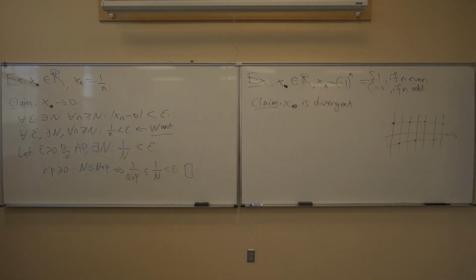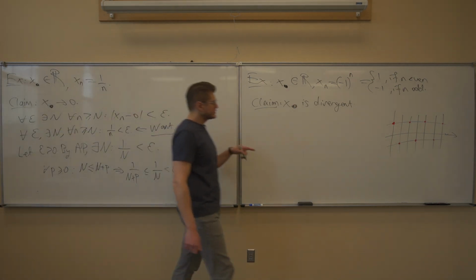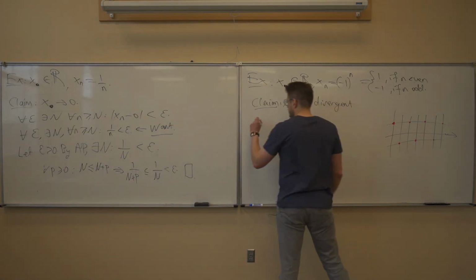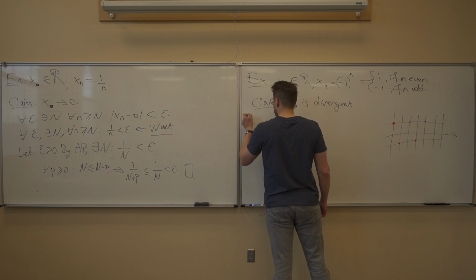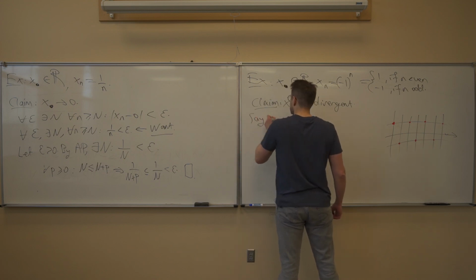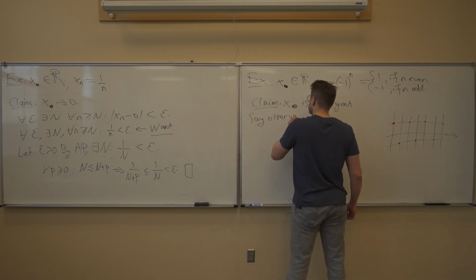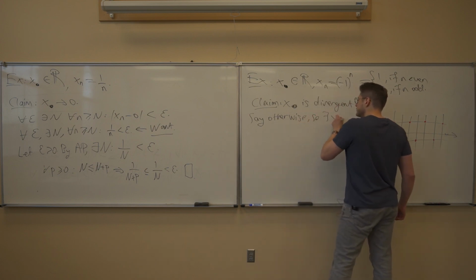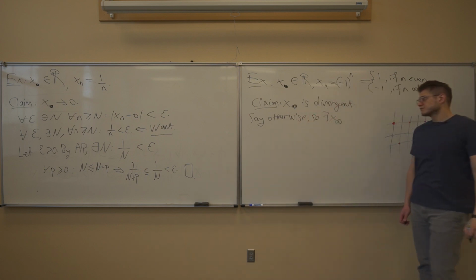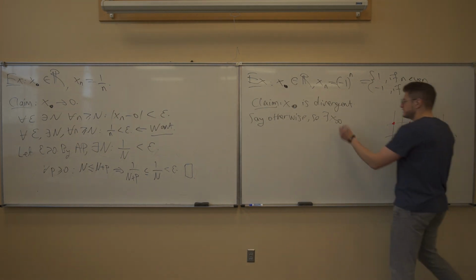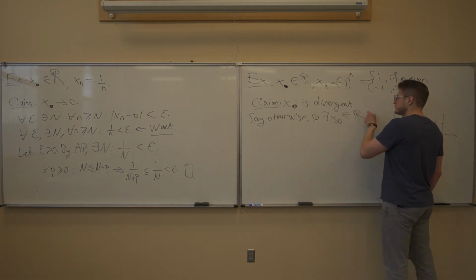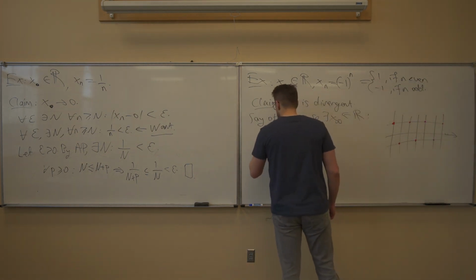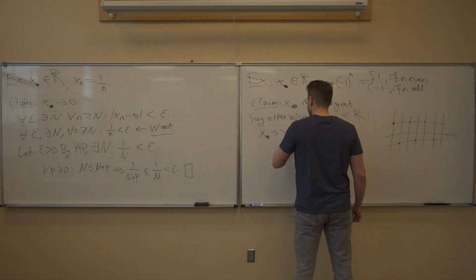Well, let's say that it does converge to something. For a contradiction, say it is convergent. So there's a target, there's a limit, x infinity, in the reals, such that x bullet converges to x infinity.